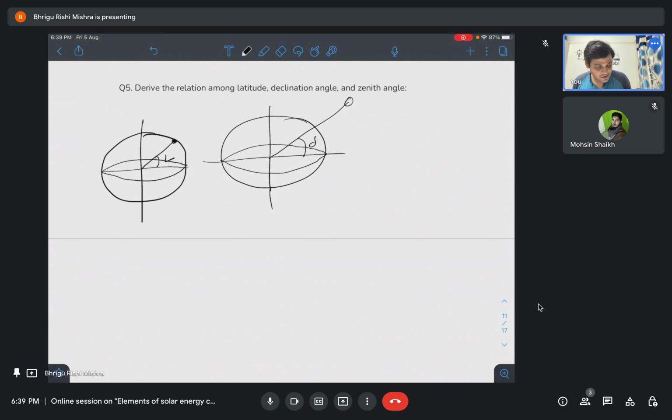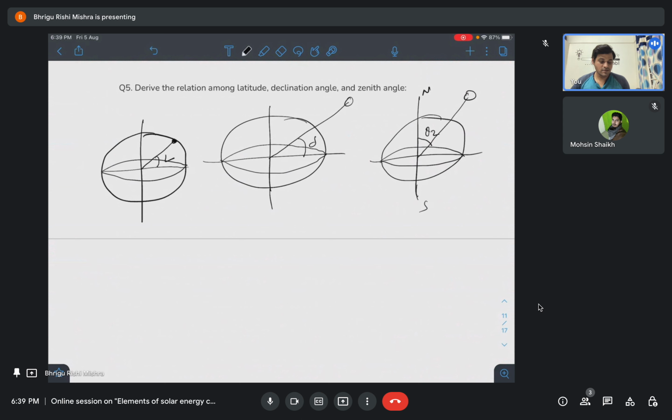For the zenith angle, again the sun is here, so the angle it makes with the north-south line, or the vertical line of the horizontal plane, is the zenith angle, theta z.